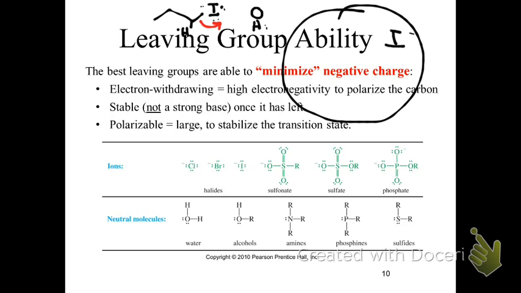It's a lot larger, meaning it can stabilize those electrons. Remember that whole electrical outlet argument that we had a little while ago? Which one would you rather stick your hand into? It's the same idea here. Iodide can minimize that negative charge. Where hydride localizes it to an individual point, meaning it is extremely reactive and unstable. A leaving group needs to be stable. So everything it's going to do is try to minimize that charge as best as possible.